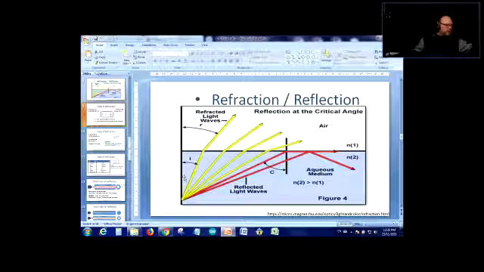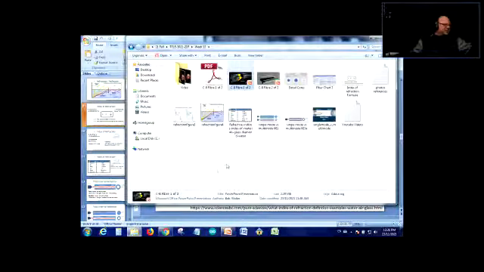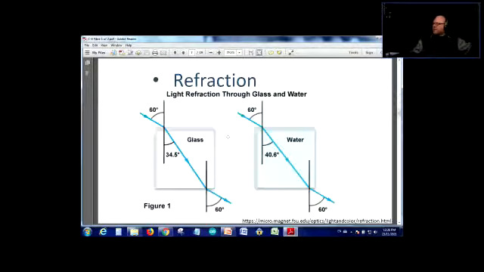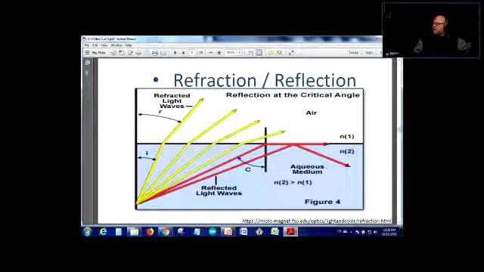Let's see if it's going to be easier if I use the PDF version of this. Yeah, it doesn't like this slide. So what I'm going to do is switch to the board here, and let's see if we can do it this way. All right, and then we're going to continue with the other slides.